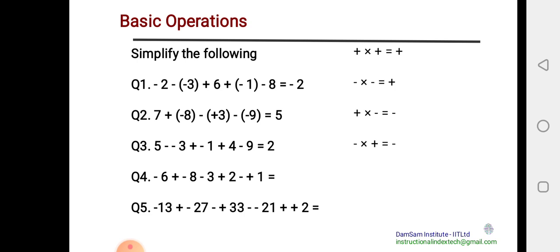-6 plus -8. Look at that, positive and negative, two different signs. That is going to be negative. We're going to have -6 minus 8, which will be -14, minus another 3, which will be -17, plus 2.